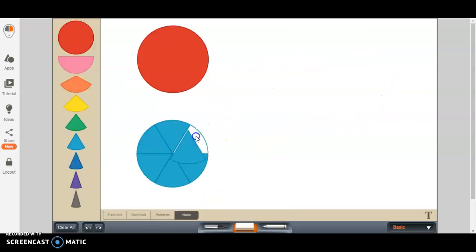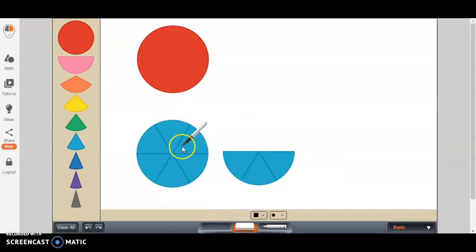Let's say we have something like this. Now, if we remember, this means 1, 2, 3, 4, 5, 6 pieces make a whole, right?